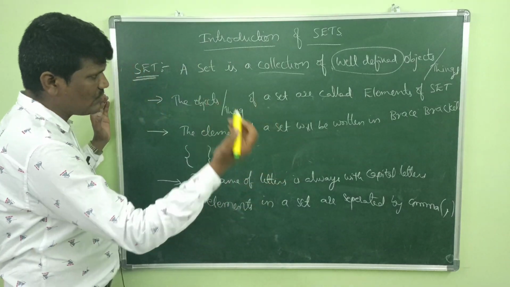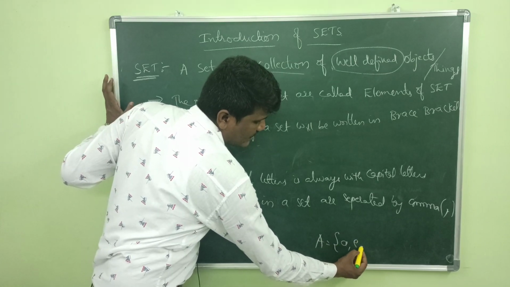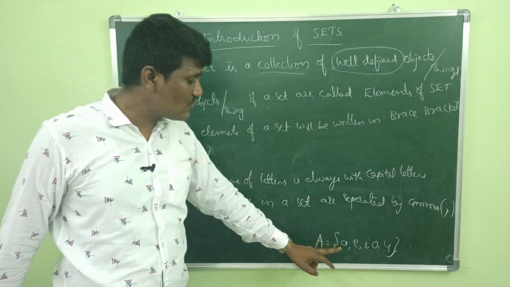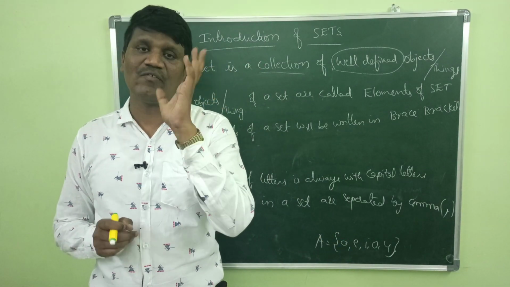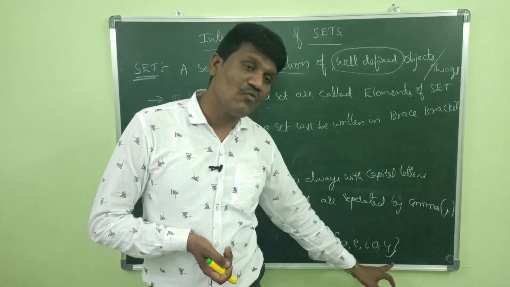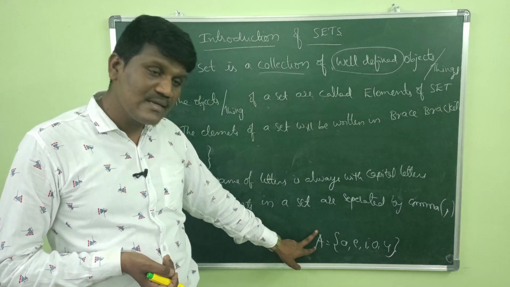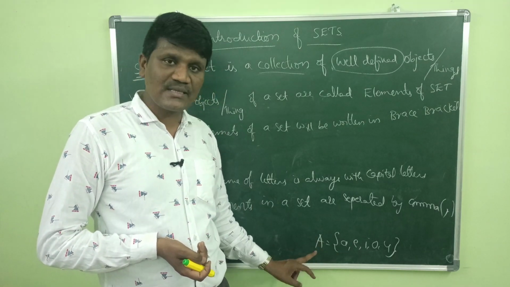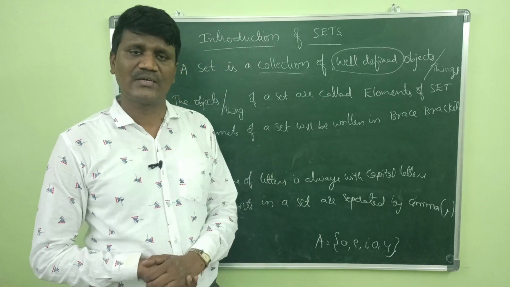For example, just now we wrote A is equal to {A, E, I, O, U}. This is the set of English vowels. Here the capital A is the name of this set. We can take any alphabet, A, B, C, X, Y, whatever it is.